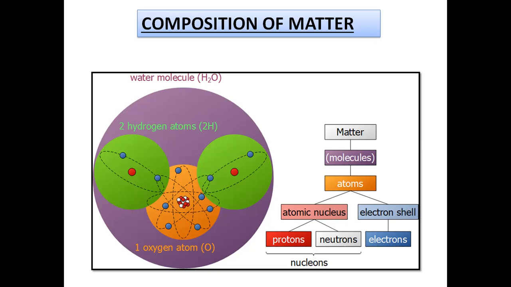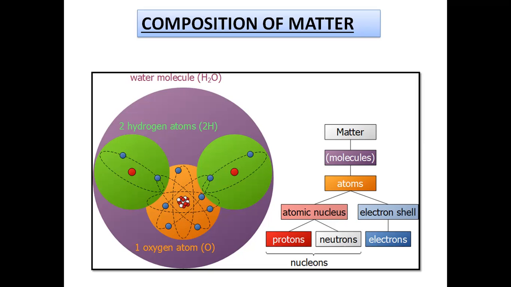Now what happens, students? In this diagram you can see that in order to form a water molecule, 2 hydrogen atoms have to combine with 1 oxygen atom. And then it forms a molecule of water. And many molecules of water together form matter.